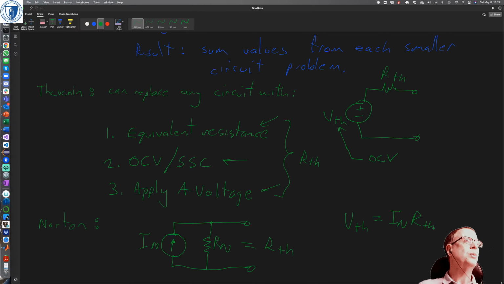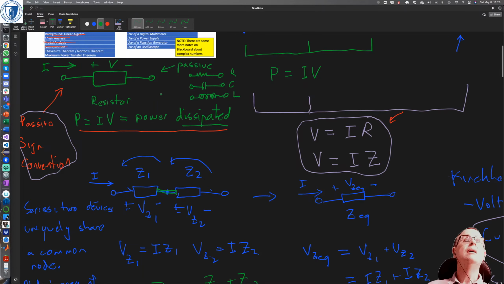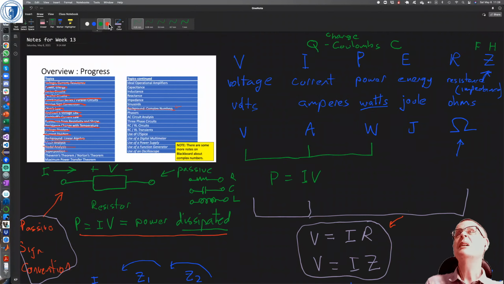And that's what's called source conversions. Okay, we've done that, and I just want to quickly talk about maximum power, and then we'll go for another break.